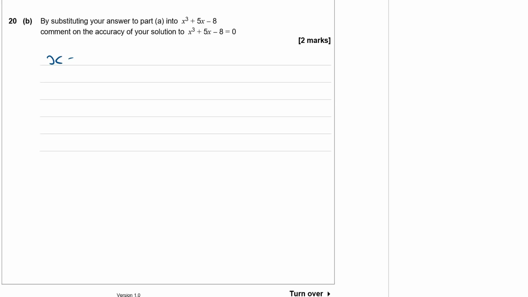So if x equals 1.2289, then x cubed plus 5x minus 8 is going to be 1.2289 cubed plus 5 lots of 1.2289 minus 8.